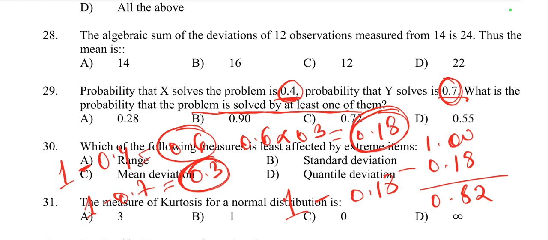But here option A is 0.28, which is incorrect. 0.90 is also incorrect. 0.55 is incorrect. The right answer is 0.82. Unfortunately, it is not one of the options provided.